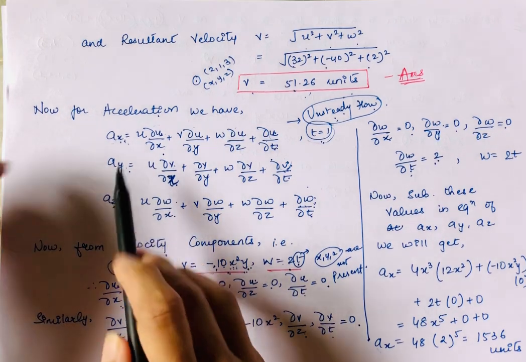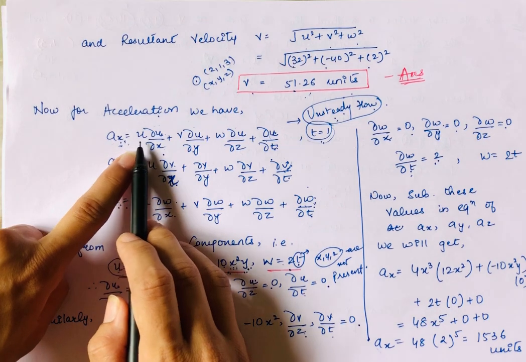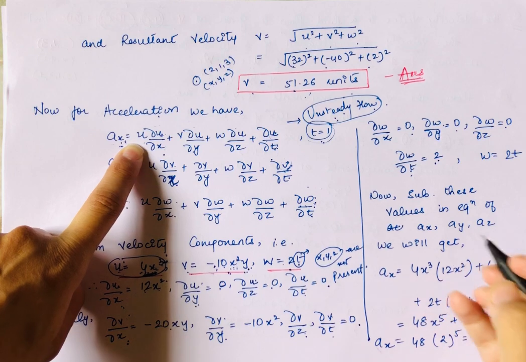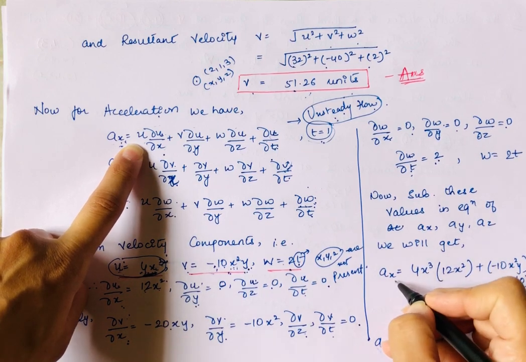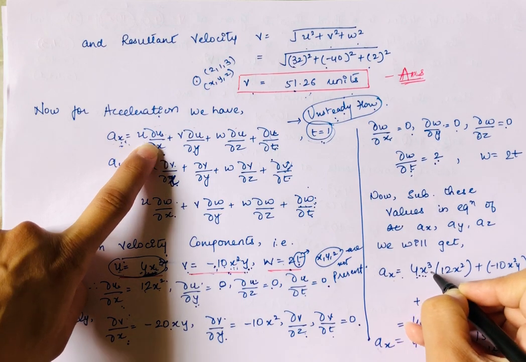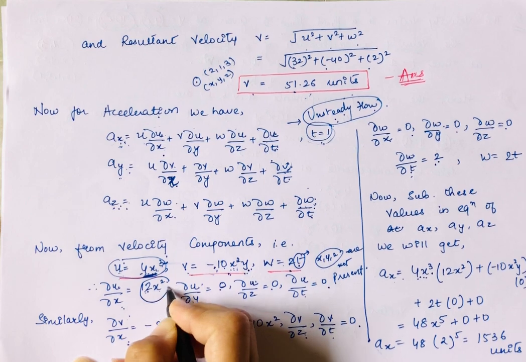and az. So if I take the first equation of ax, here ax is equal to u del u by del x. Look at my right hand side: ax is equal to, instead of u I am writing 4x cube, and instead of del u by del x, which we found over here, 12x square.